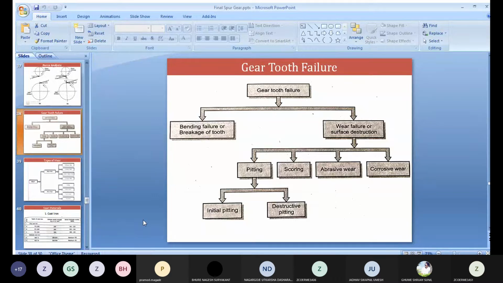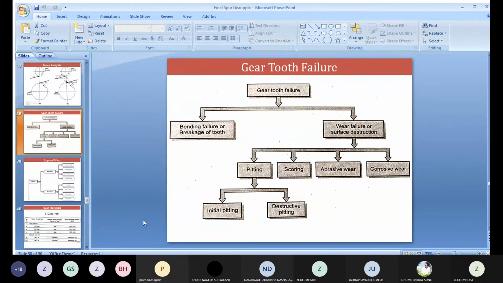A cantilever beam which is subjected to repetitive bending stress. It means continuous repetitive bending stress. Due to this, the gear tooth may break. Correct, this was the first point.